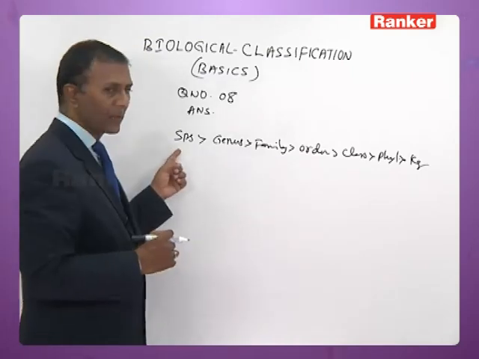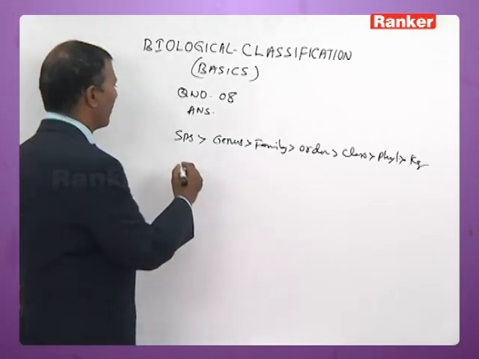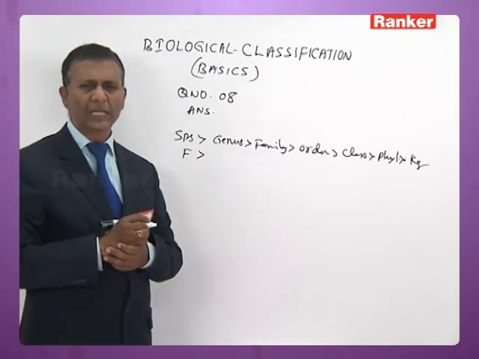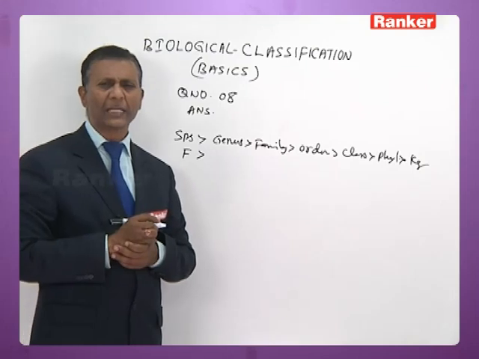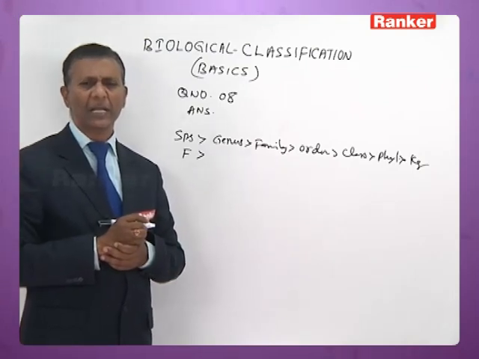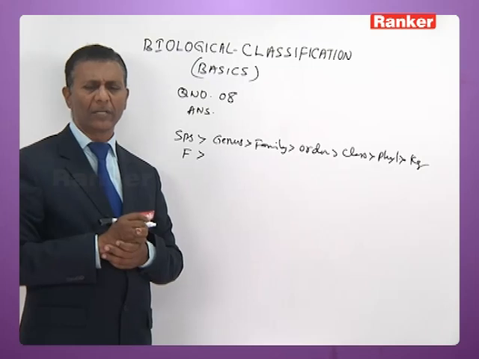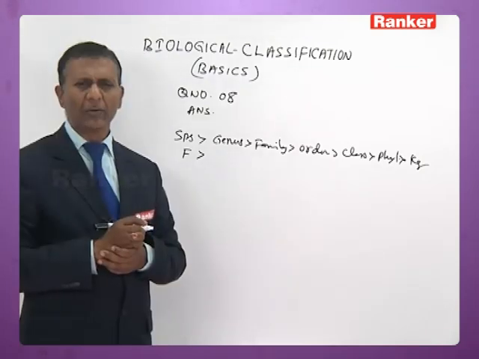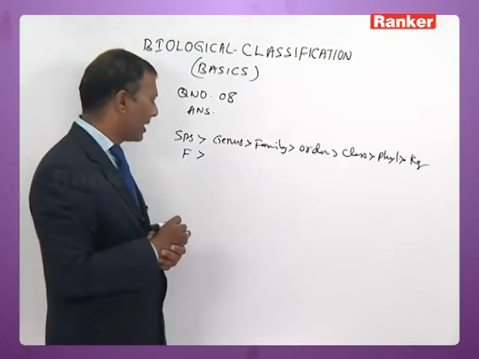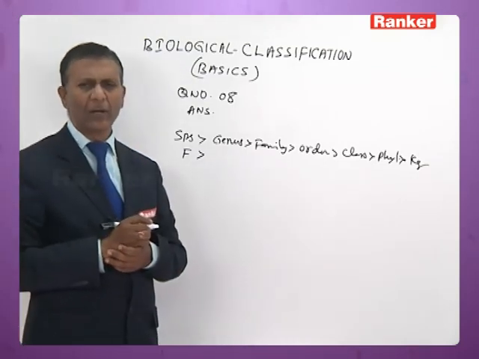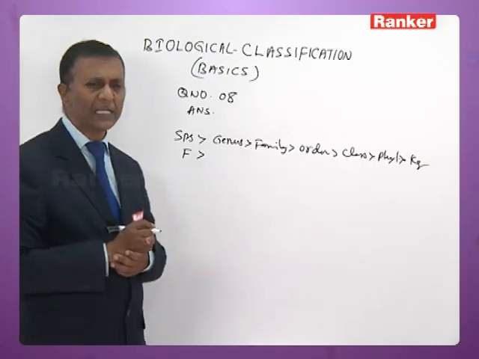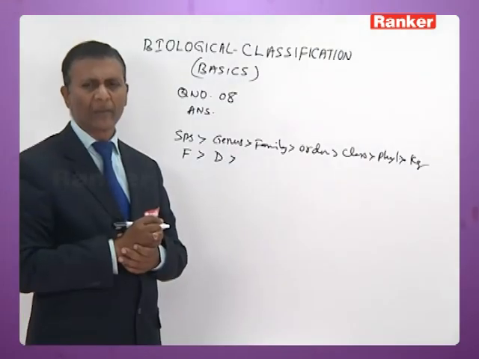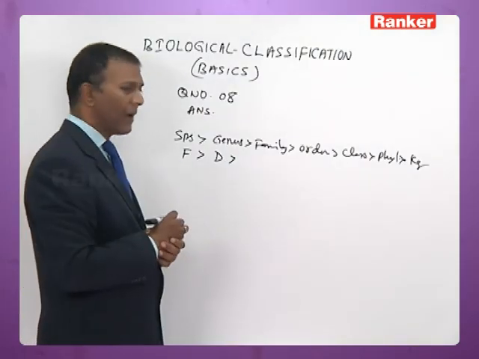So first you have species. Species is F. Next you have genus. Genus is D. Then next you have family.